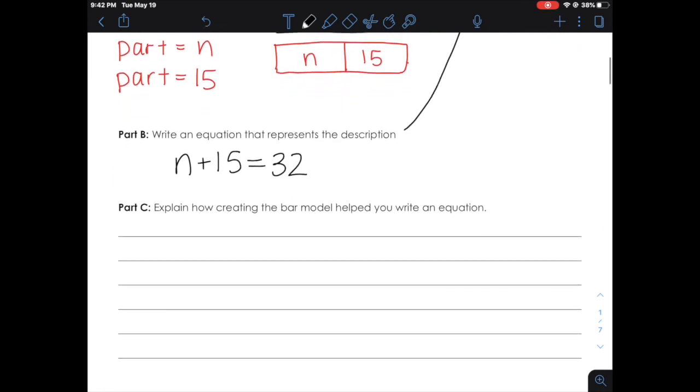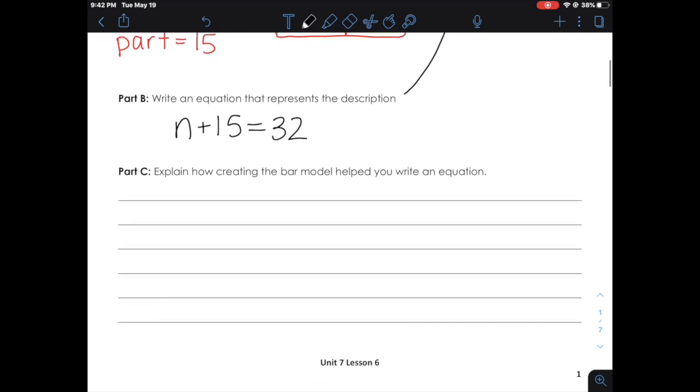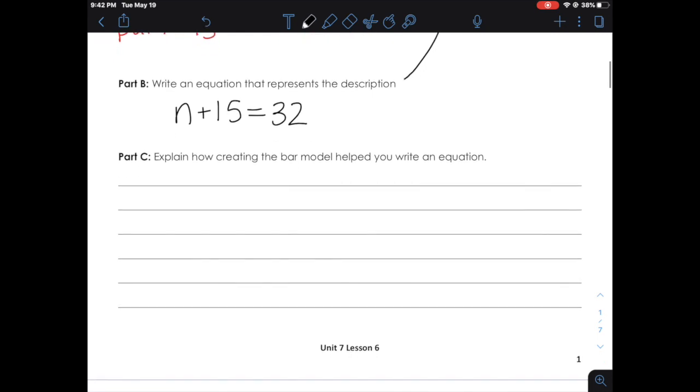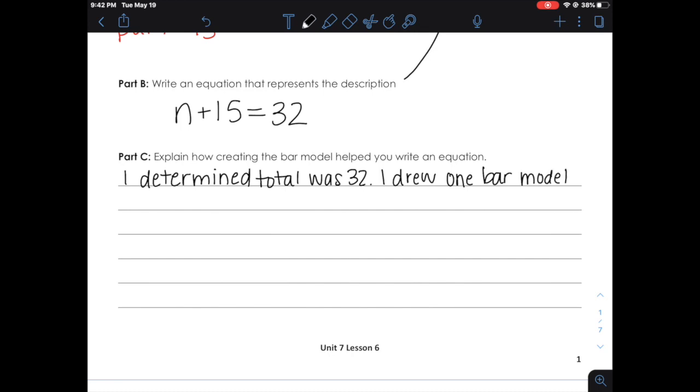All right, part C says explain how creating the bar model helped you write an equation. So the first thing I did was I determined the total after marking up my text, of course. I determined the total was 32. I drew one bar model, labeled 32.